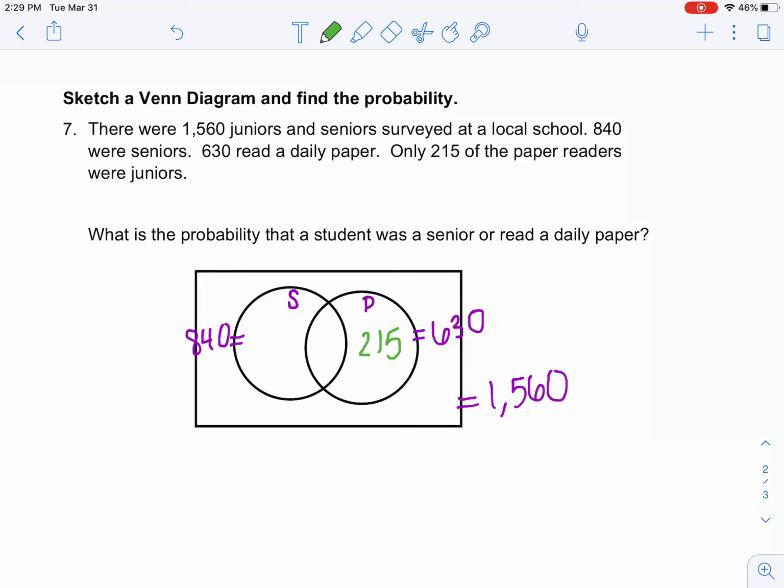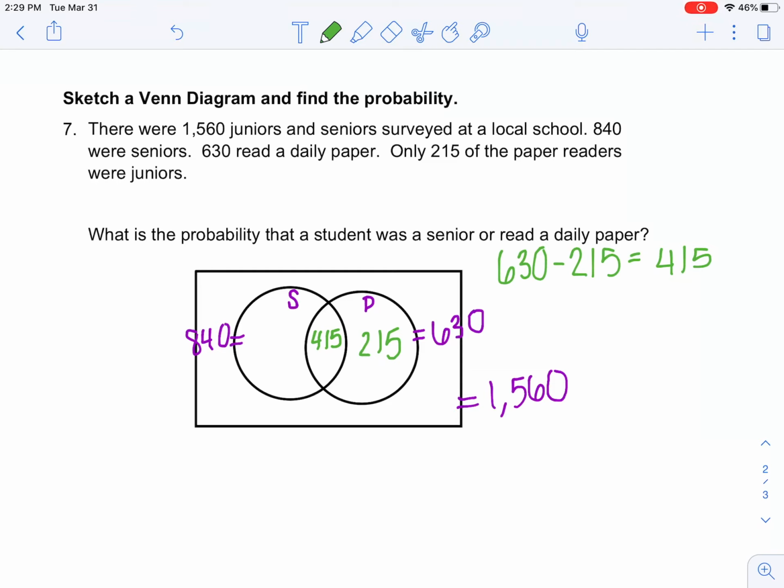So to figure out this other part, the overlap between seniors who read the paper, we would just subtract those two numbers. So 630 minus 215 equals 415. So we can go ahead and write 415 in our overlap, so that means there were 415 seniors who read the daily paper.